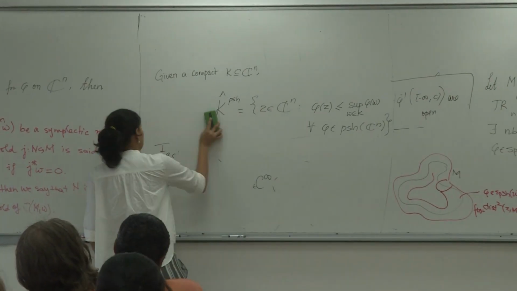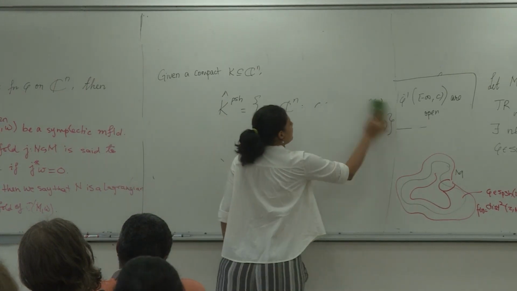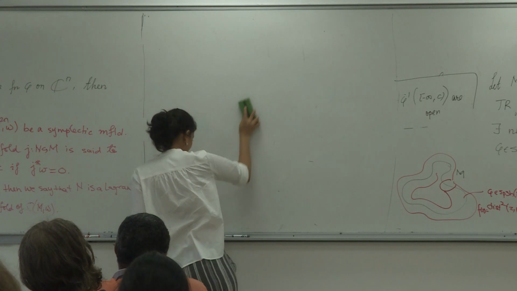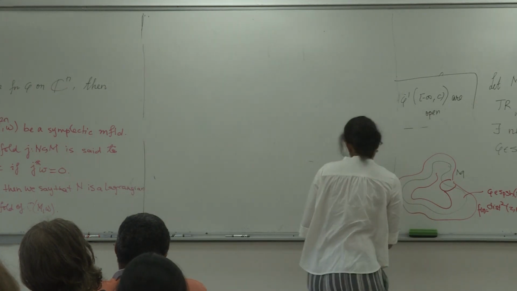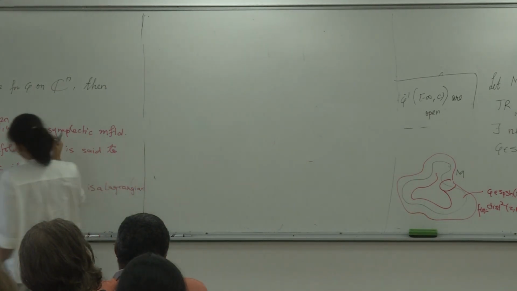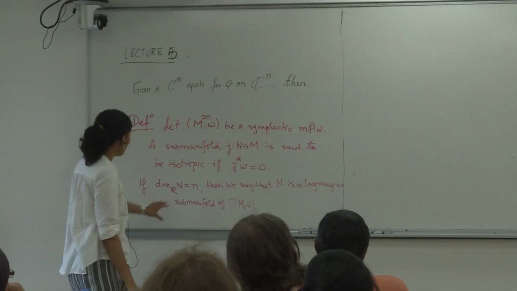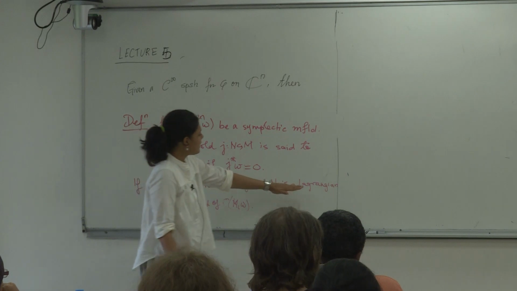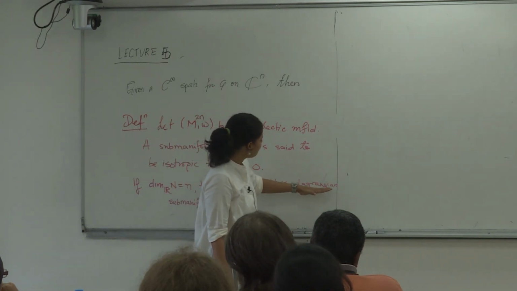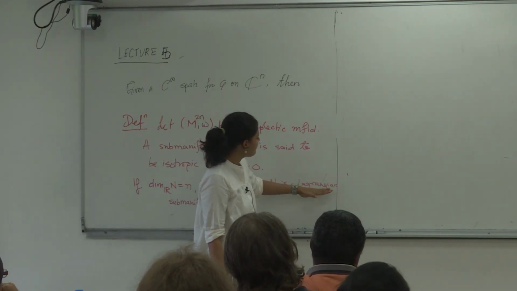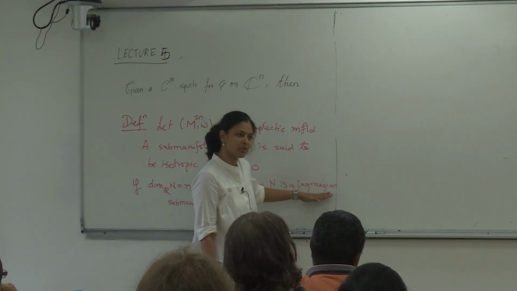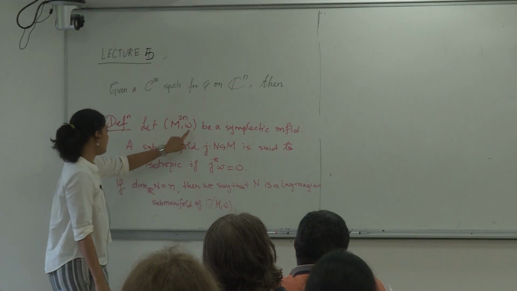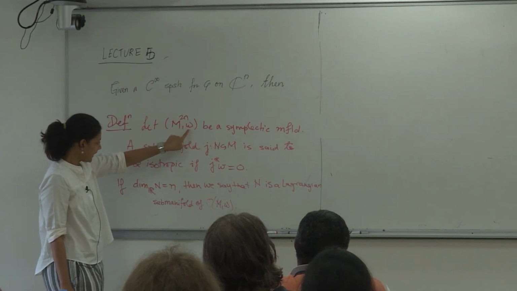So let me mention one more theorem over here before we discuss those, or maybe as a consequence of this. Being a Lagrangian submanifold imposes a very strong condition on the underlying topology. You might say, okay, but it depends on this form over here. That's true.